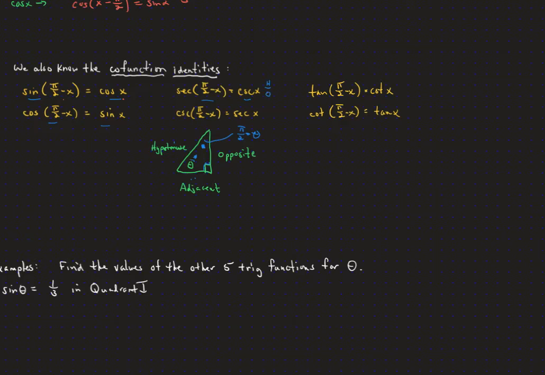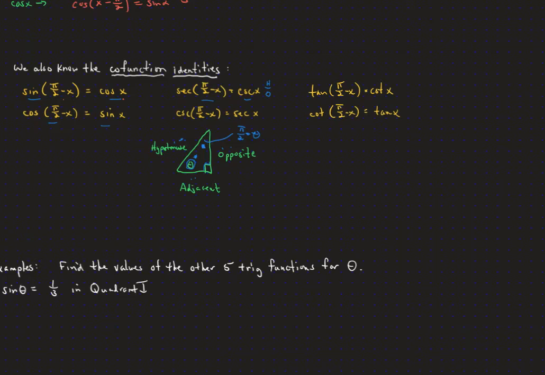So if we look at this angle theta, the hypotenuse over the opposite, and then we switch to the other angle, its complement, that's the same as the adjacent over the hypotenuse, which is going to make that be the secant. And it's true for the tangent and cotangent as well. So those are known as the cofunction identities.